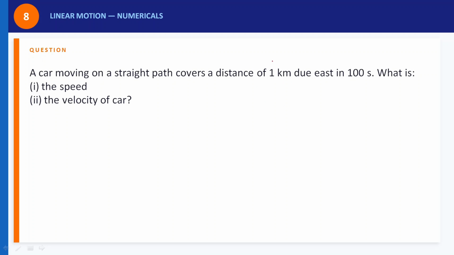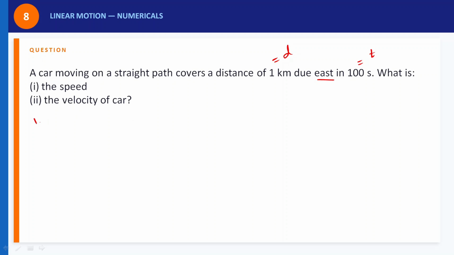Distance given in kilometers, I will convert into meters. So this is the distance, this is the time given. It is particularly east.